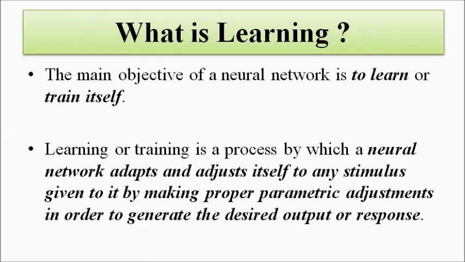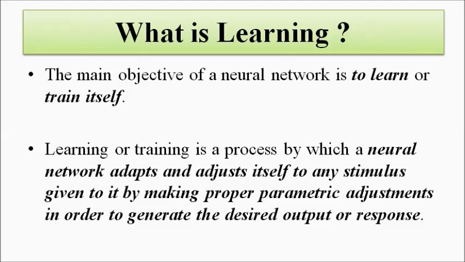It is a process by which a neural network adjusts or adapts itself to any new data, any new stimulus or information which is given to it, and it does so by making suitable adjustments to its synaptic weights, bias, or the network architecture.